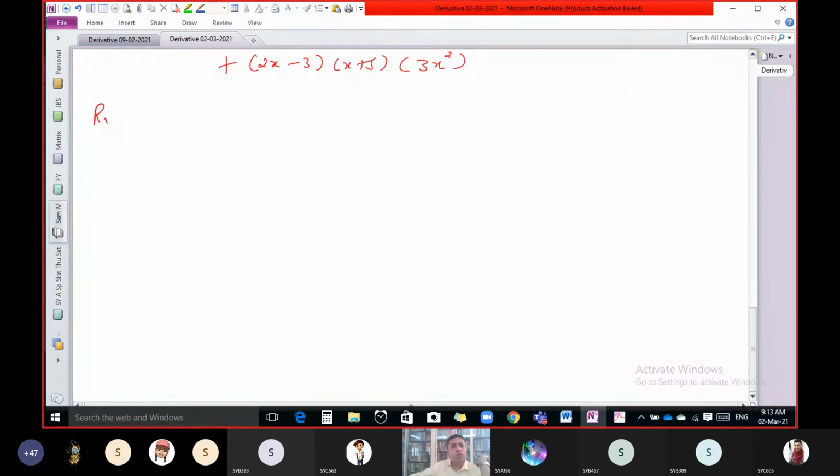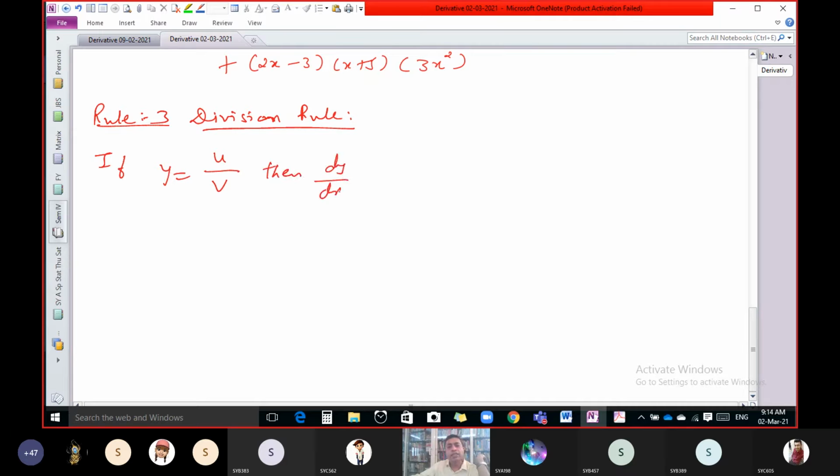Now rule number 3, division rule. If y equal to u upon v, then dy by dx equal to, see what we have to do in division rule. Listen carefully. First of all, whatever the denominator is, take the square of that and put it in the denominator.